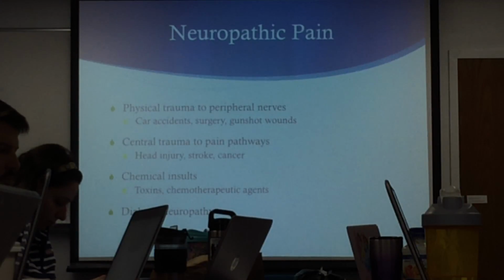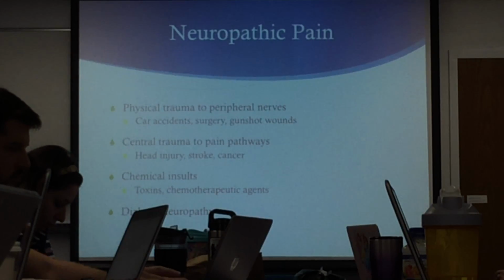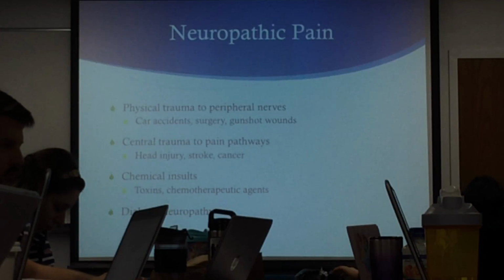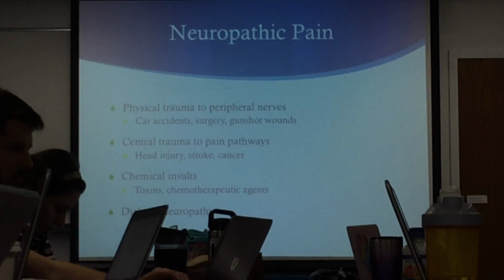So neuropathic pain, neuropathology, you injure your nerves. And so when you injure sensory nerves or you injure nerves that are part of this pain transmission pathway, then the nervous system tries to overcome that. It does that by sort of reorganizing itself. So unfortunately, none of what I told you applies.